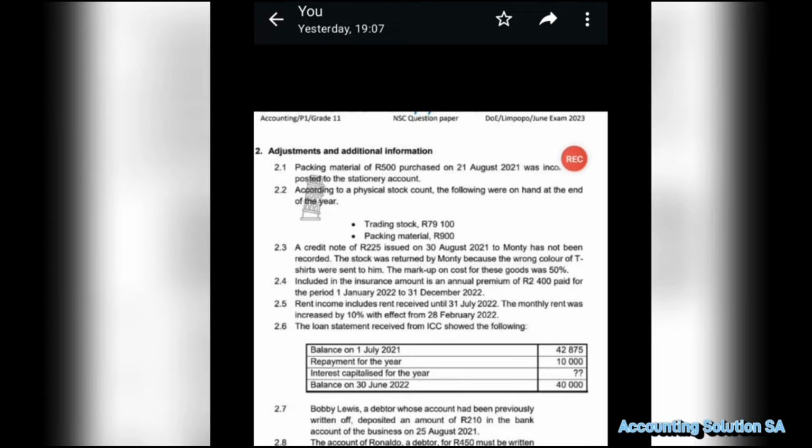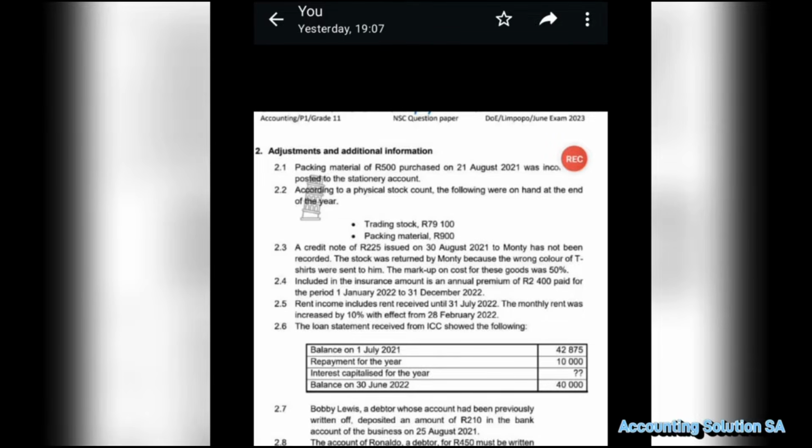So 2.5, they said the rent income received until 31 July 2022, and the monthly rent was increased by 10% with effect from 28 February 2022. So if you check here, the rent has been paid for 13 months because our reporting period ends 30 June 2022, and they pay until July, which means that we have to calculate 13 months here.